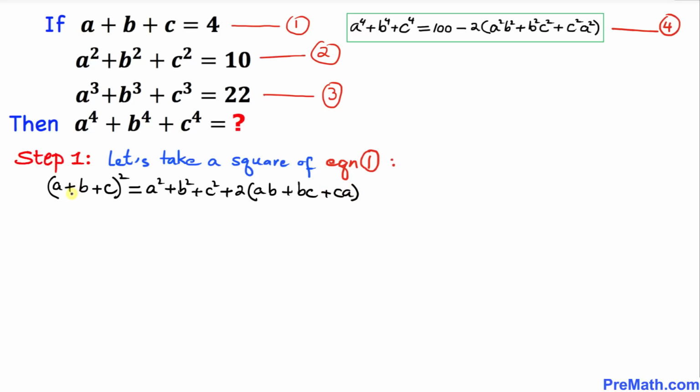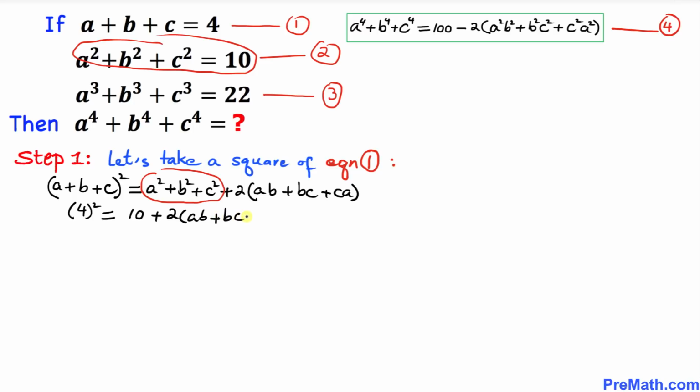So here on the left hand side we know from equation number 1 that a plus b plus c is 4. So I'm going to replace this with 4 square, equal to, and here we can see a square plus b square plus c square is equal to 10. So I'm going to replace that with 10, and then we have plus 2 times ab plus bc plus ca. Let's simplify. We get 16 on the left hand side equals 10 plus the same thing.